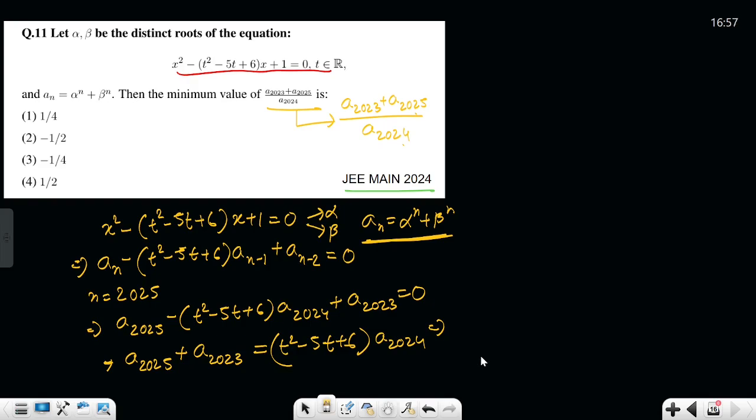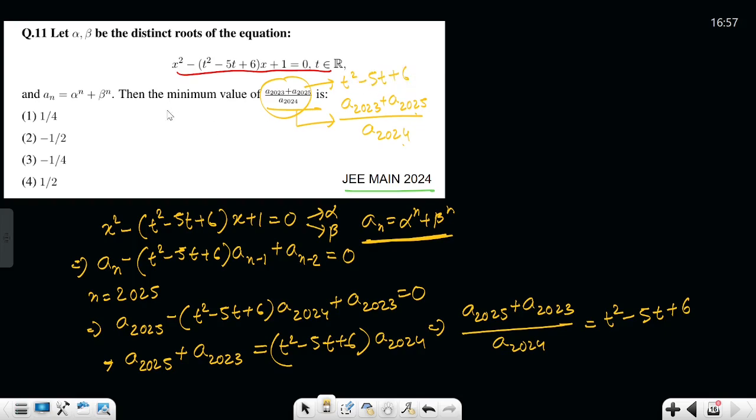Now divide both sides by A2024. So we will get A2025 plus A2023 divided by A2024 equal to t square minus 5t plus 6. We got the value of this quantity in terms of t. Now we are asked for the minimum value of this.